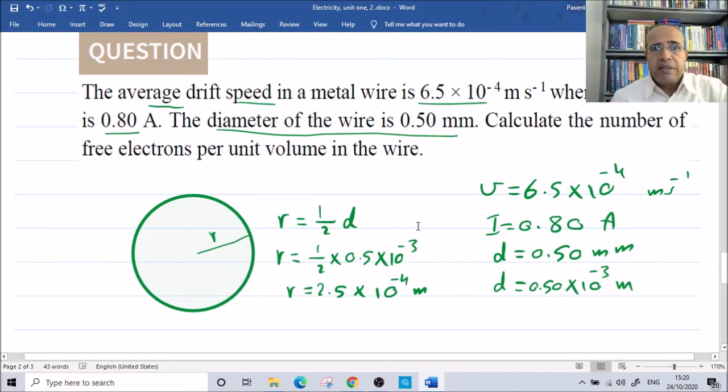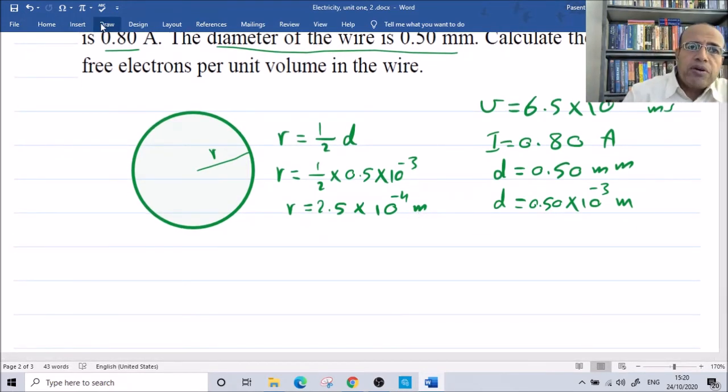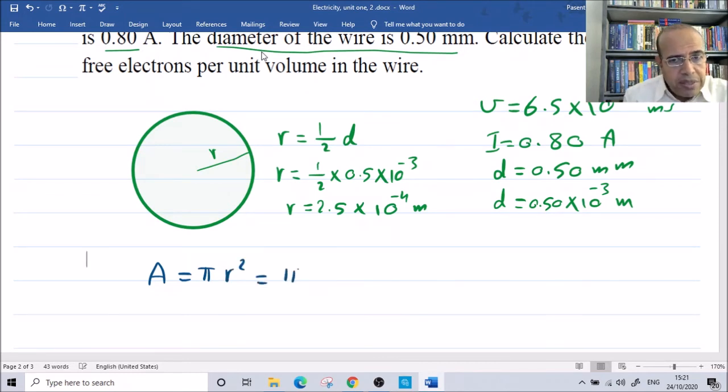Now we can calculate the area. The cross-section area, denoted by A, is pi r squared. Pi is constant, r is given, 2.5 times 10 to the power negative 4, all squared. Now we're squaring the value.